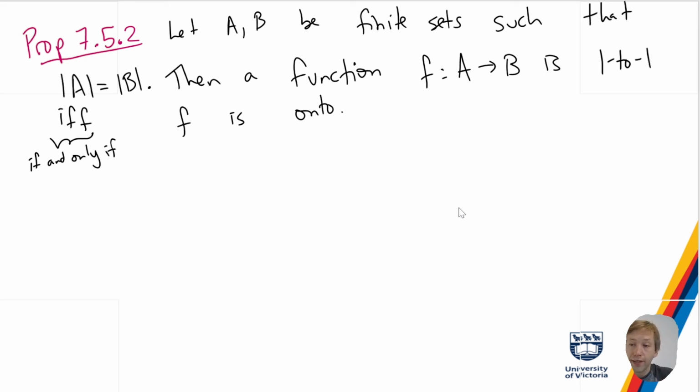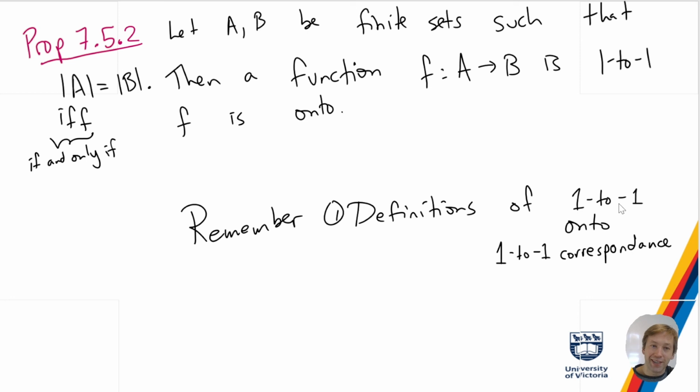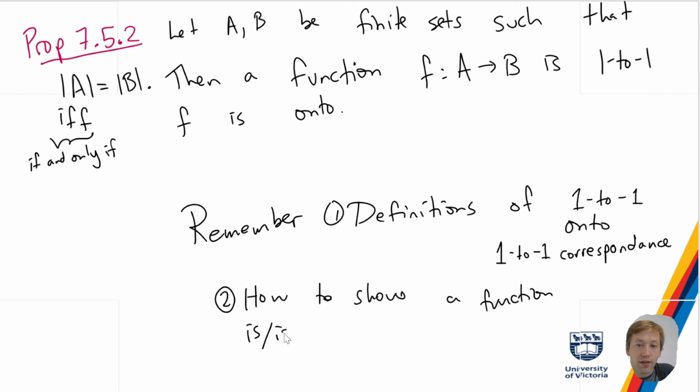Okay, so the key things I want you to remember from this video are the definitions of one-to-one or injective, onto or surjective, and one-to-one correspondence or bijective functions. And secondly, you need to know how to show a function is or is not injective, surjective, or bijective.